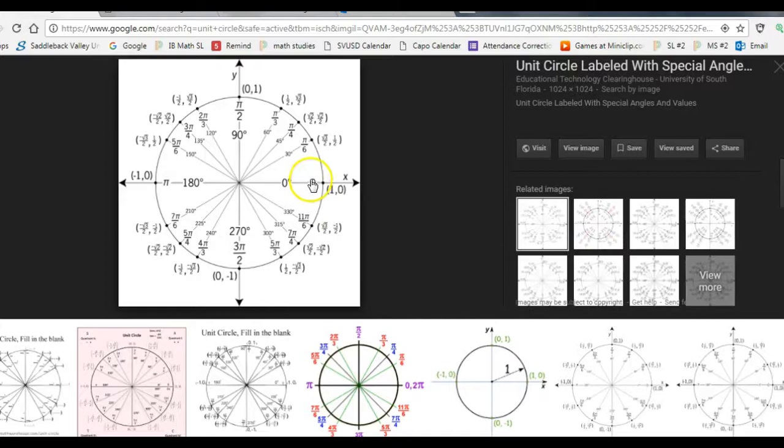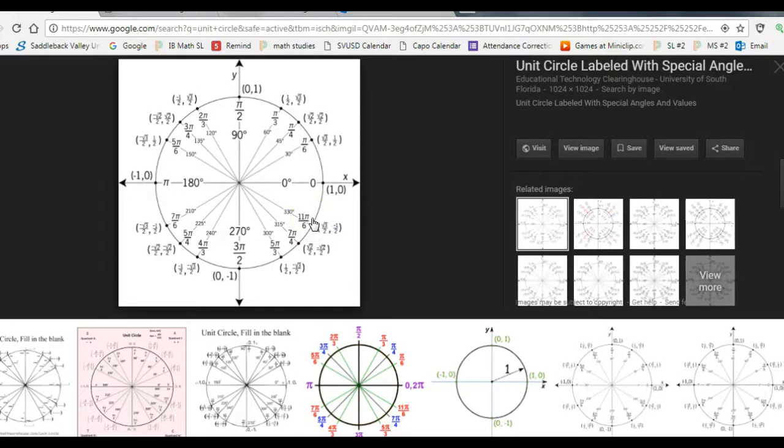So I can include pi over 6, I can include 11 pi over 6. If I keep going, I can also include 2 pi plus pi over 6, and 2 pi plus 11 pi over 6.